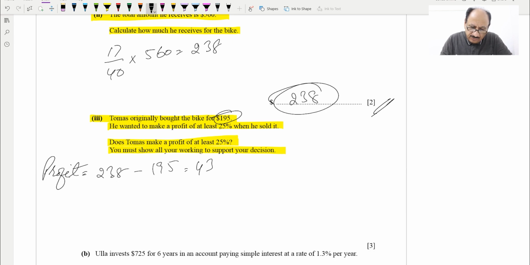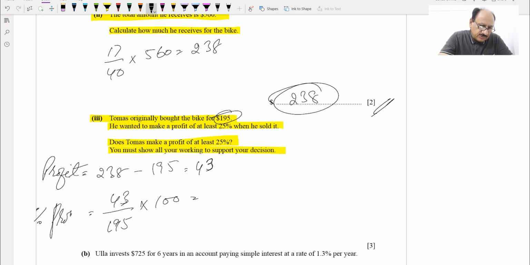So $43 was the profit against the investment, which was 195, and multiply by 100. This is how we will calculate percentage profit.